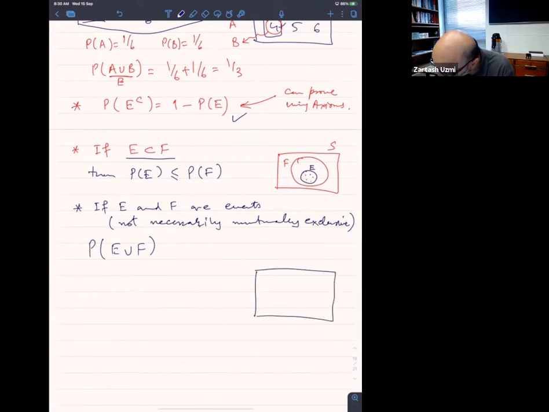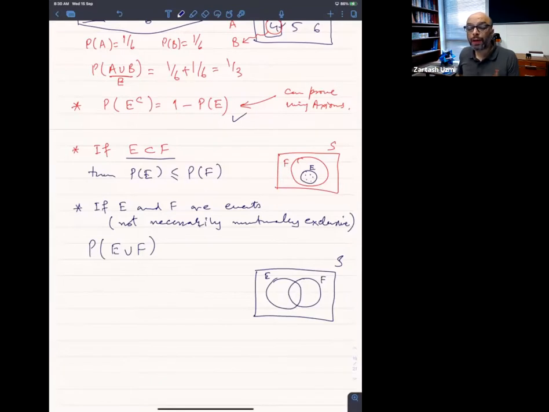फिर ये होगा कि this is your sample space, this is the event E, there is a possibility that F and E are not mutually exclusive. They are overlapping.